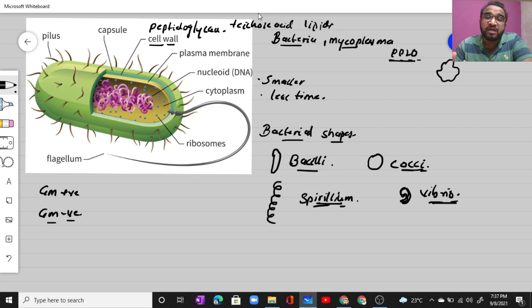But it happens that some bacterial cells obtain a purple or violet color under the microscope, and some appear pinkish in color. The bacterial cells which appear pinkish are called gram negative bacteria, and the bacteria which appear violet in color are called gram positive bacteria. So that is the gram staining procedure.